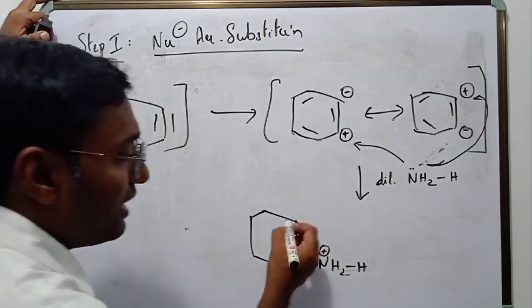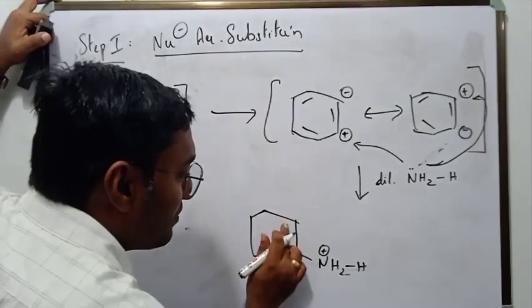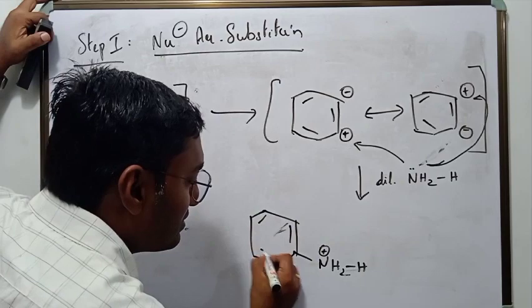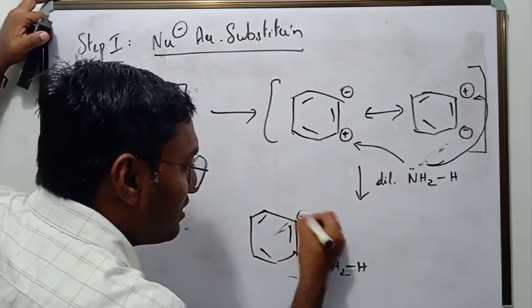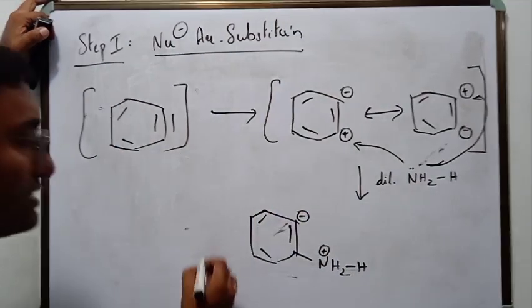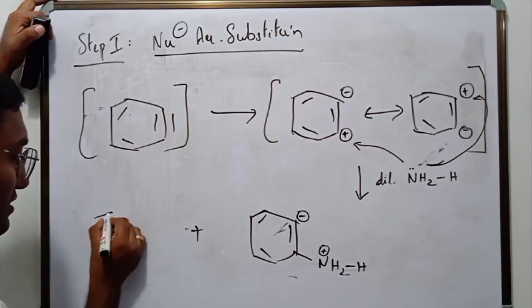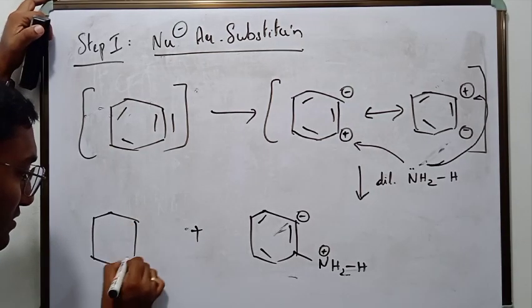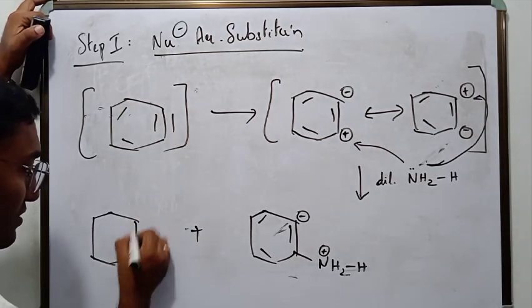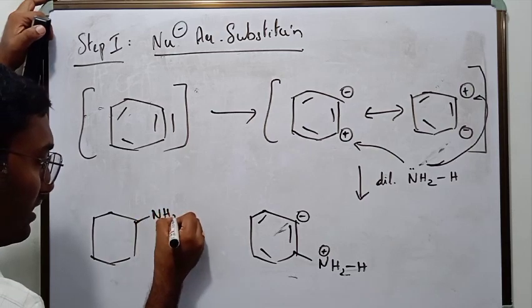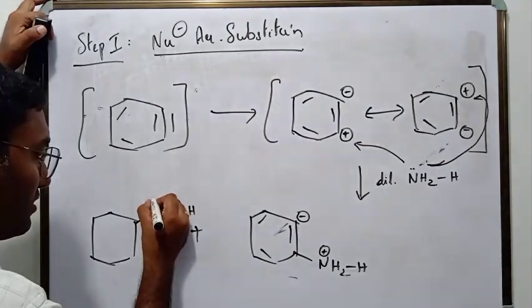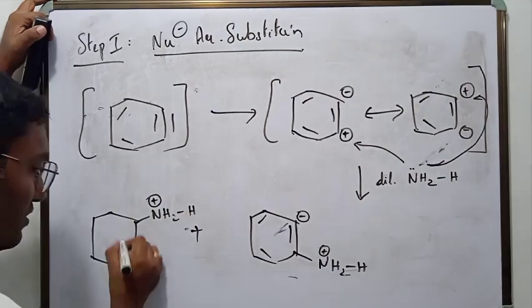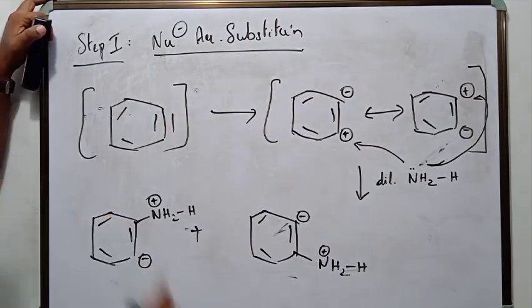And the double bond is like this. And here the second structure is like this, NH2H would come here. So two structures can come.